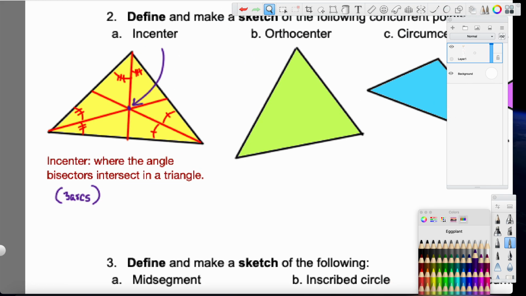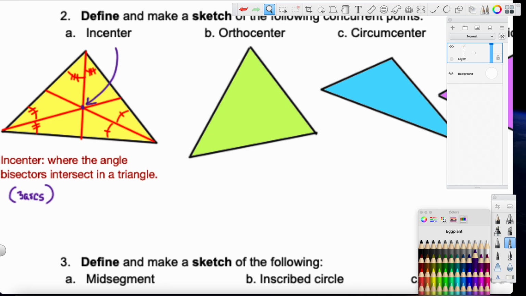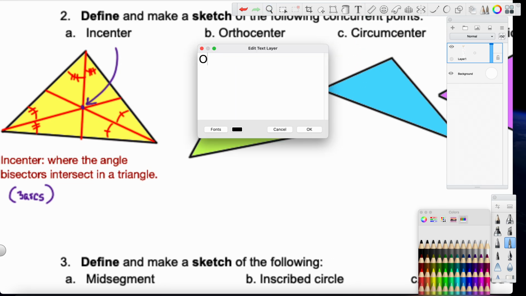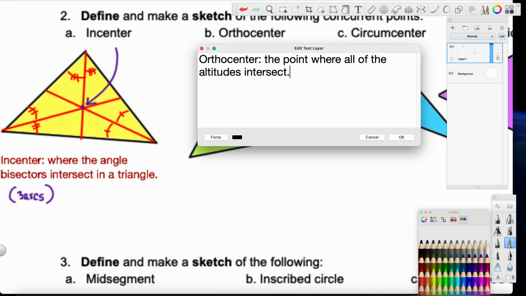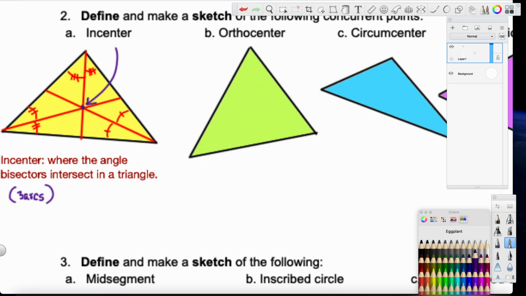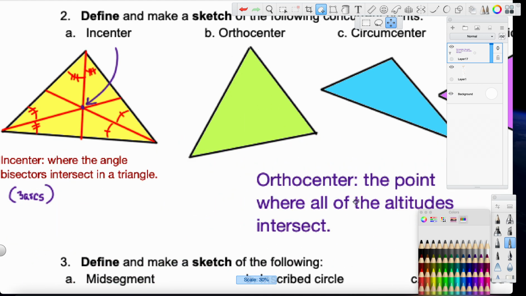Okay, that was incenter. Orthocenter, the point where all of the altitudes intersect. Okay, orthocenter.